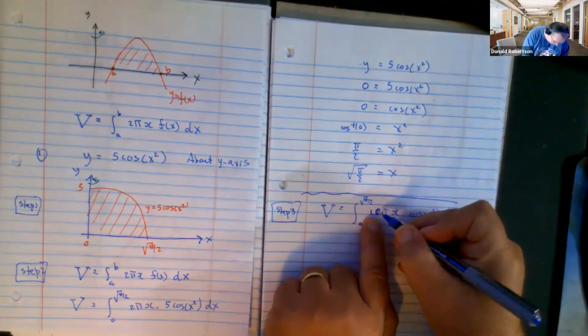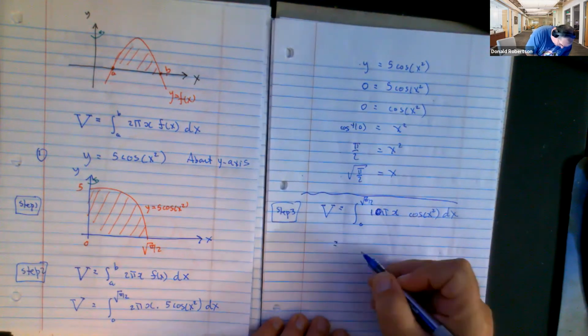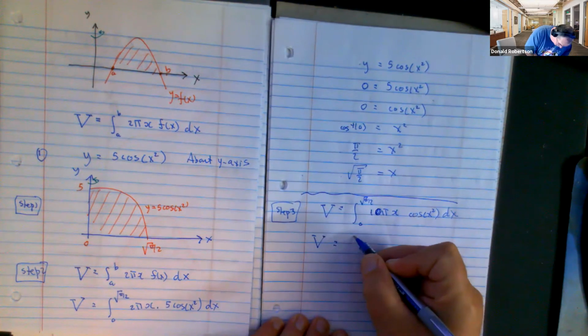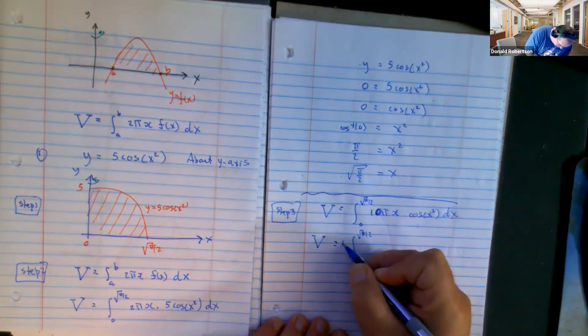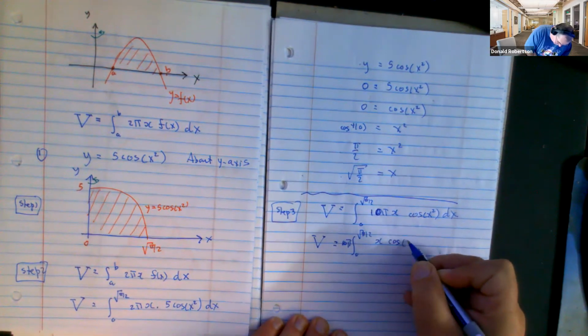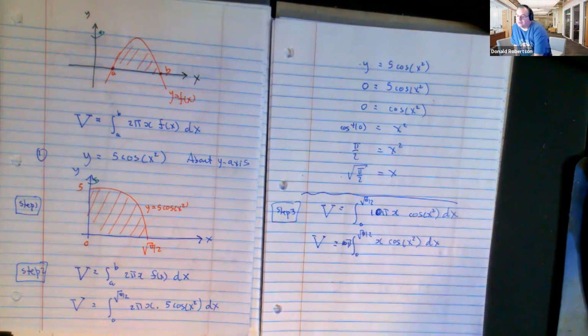Just thought of something else. Before I start figuring out what to do with this guy, I try and make my life as easy as possible. So in this particular case, are you okay with the fact that I can just pull out the 10 pi outside the integral, get them out of the way, just to make the job a bit easier to deal with?